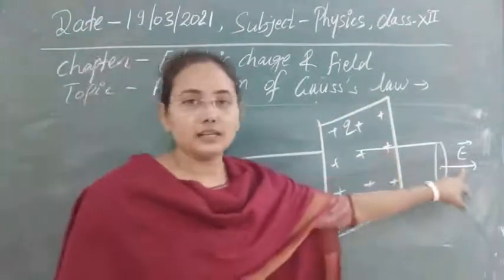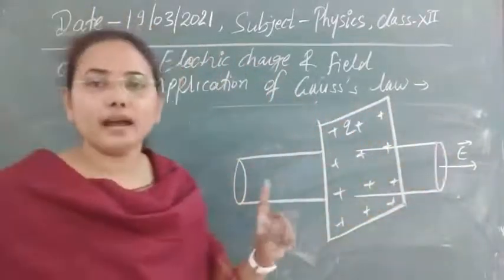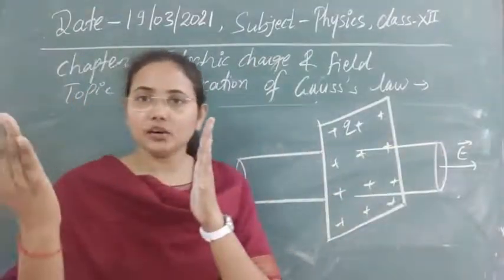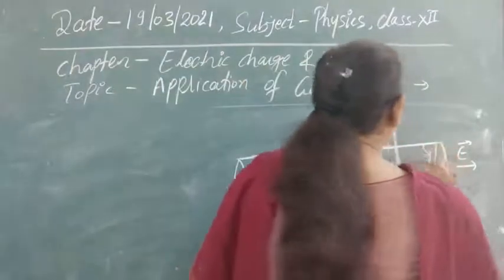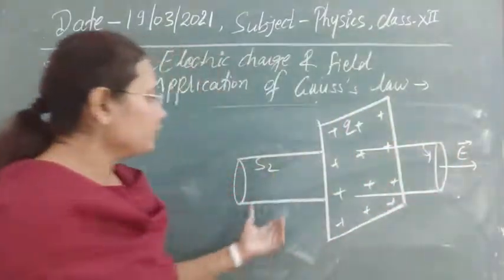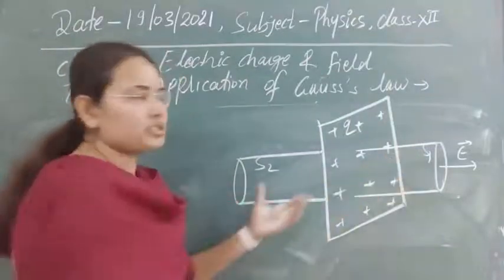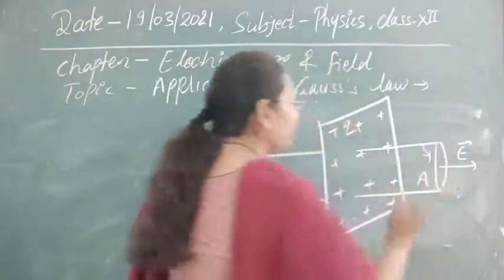Now here also we have two surfaces, one on this side of the sheet and one on this side. Suppose this side is S1 and this side is S2, and also suppose that the area of both portions is equal. Let the area be A. Directly I have taken the area as A.